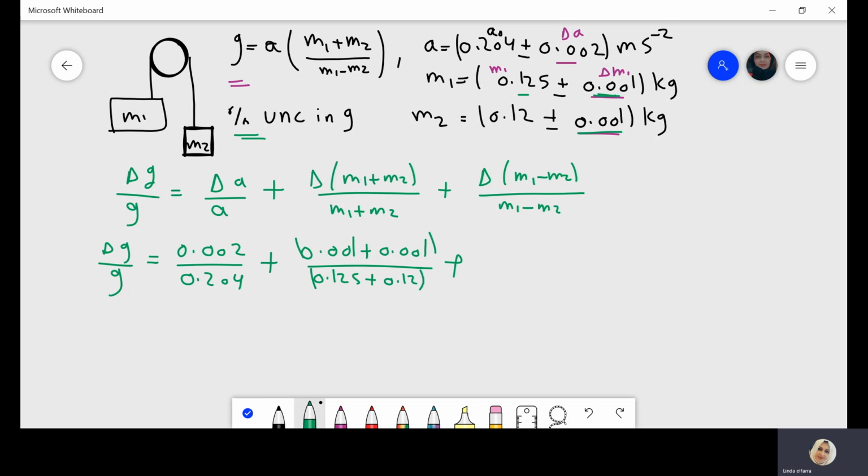Plus, for subtraction, again we add the absolute uncertainties. Never subtract in uncertainty, always add. So 0.001 plus 0.001 divided by M1, 0.125, minus M2, 0.12.